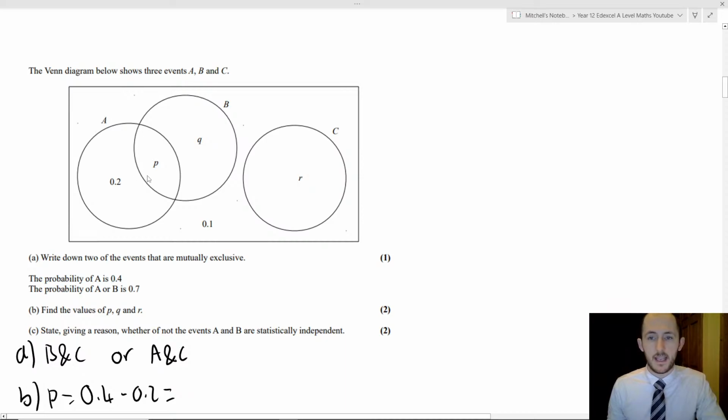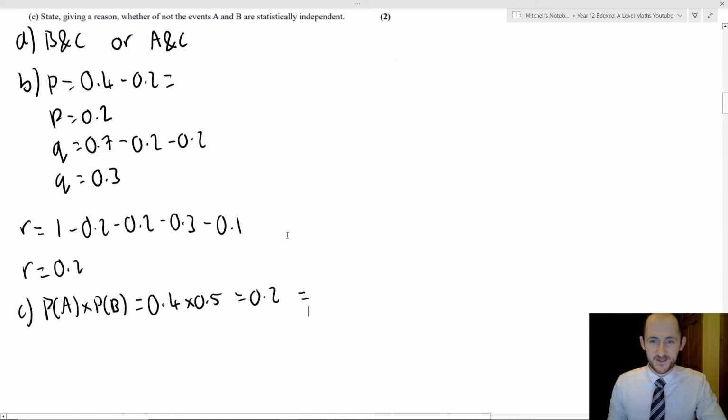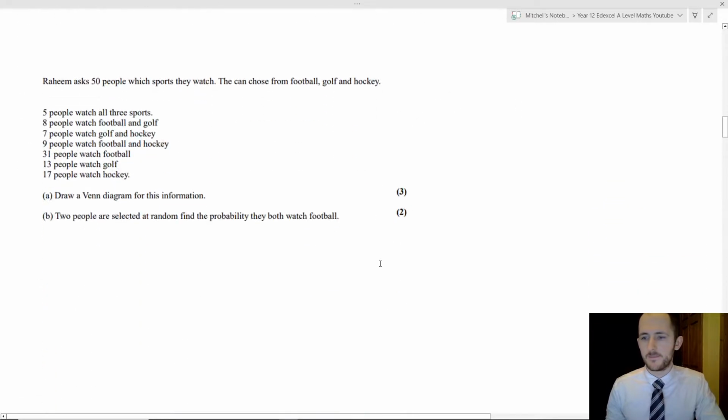In this case, it does equal it, because P was equal to 0.2. So it does equal the probability of A and B, so they are independent. Hopefully that's nice and easy.